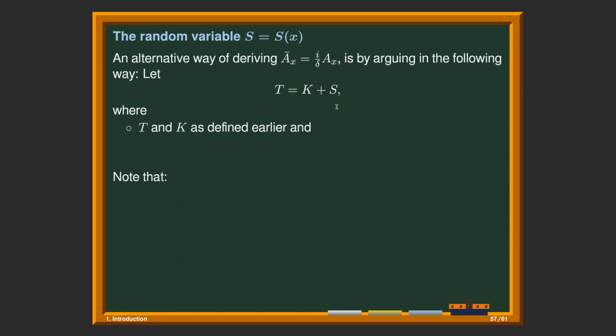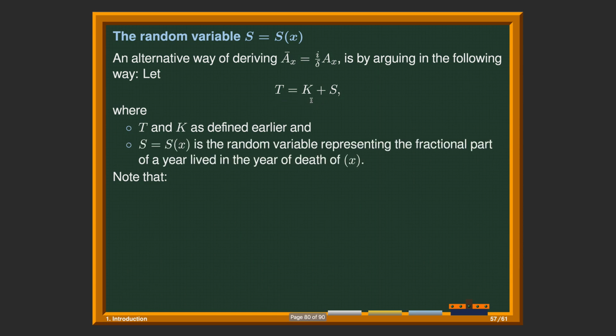Okay? So we will define the random variable S as T minus K, right? Or T is equal to K plus S. Okay, so we can see clearly that S is the random variable representing the fractional part of a year lived in the year of death of the person aged x.